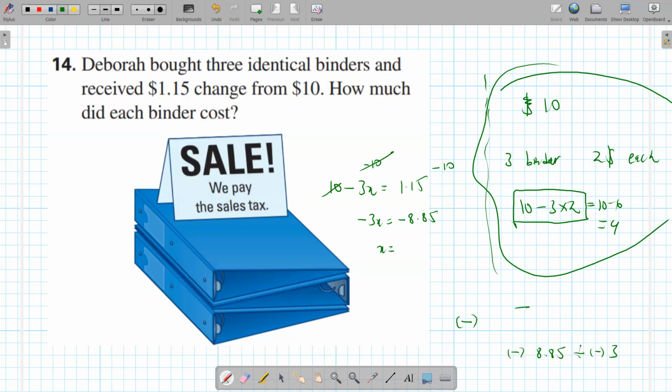No, you did the other way around. Negative 8.85 divided by negative 3, not 3 divided by 8.85. 2.95. Yeah, that's right. So that's the price of each individual binder.